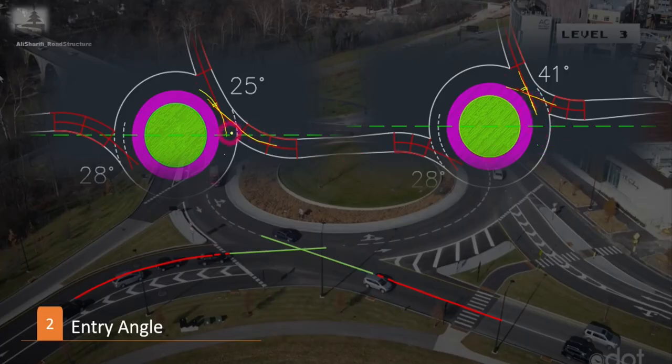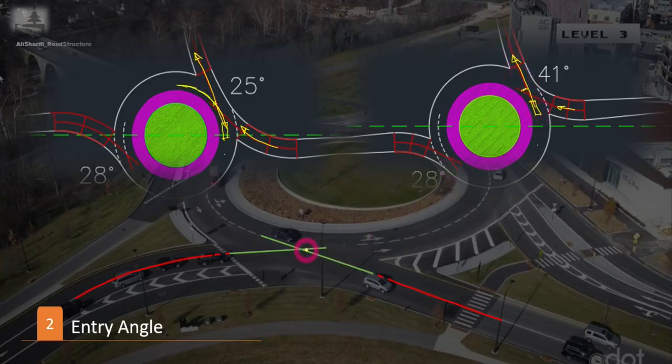There is also another issue due to the small angle here, which is that if there is a vehicle at this position, it will be kind of difficult for entering traffic to recognize if this driver is going to leave the roundabout or go on circling the central island. But due to the greater angle here, it will be easier for entering traffic to recognize that, for example, this driver is going to leave the roundabout.